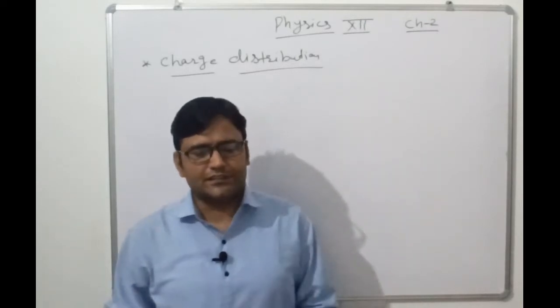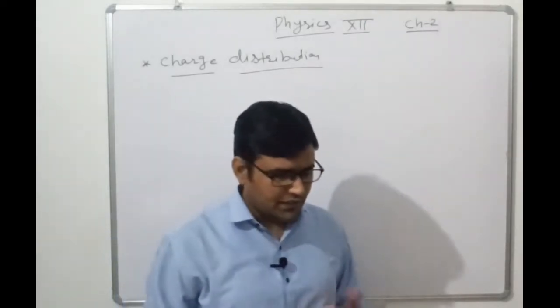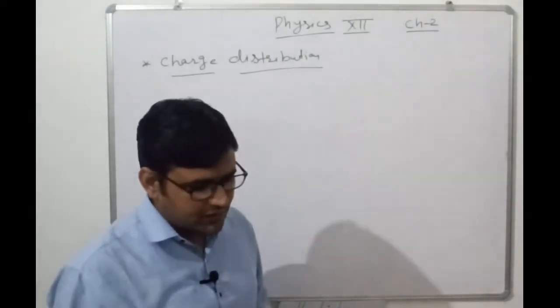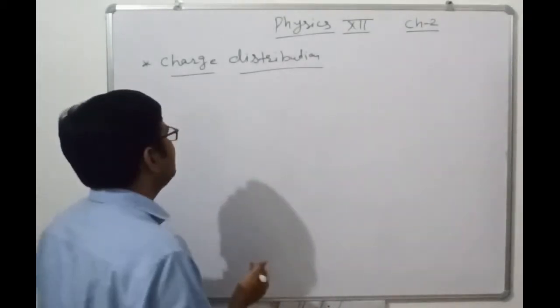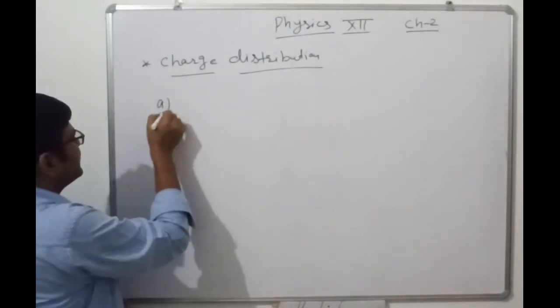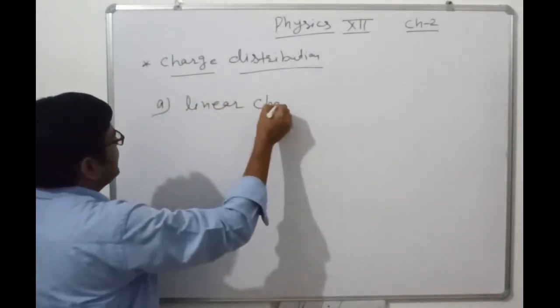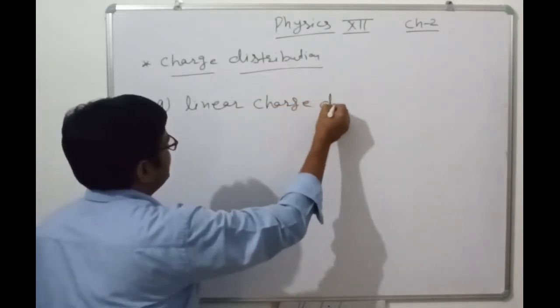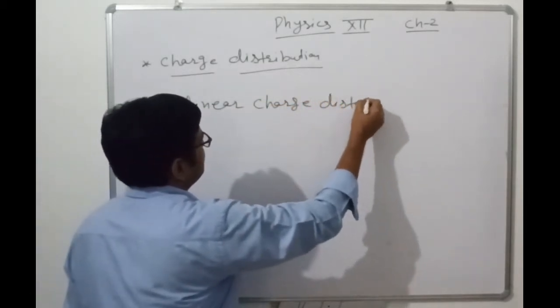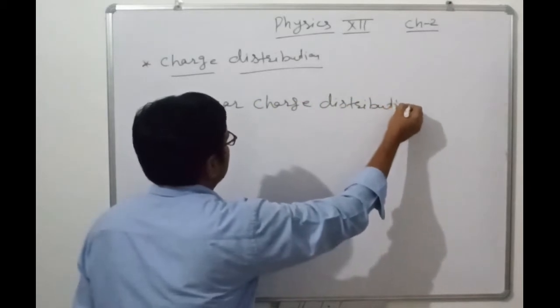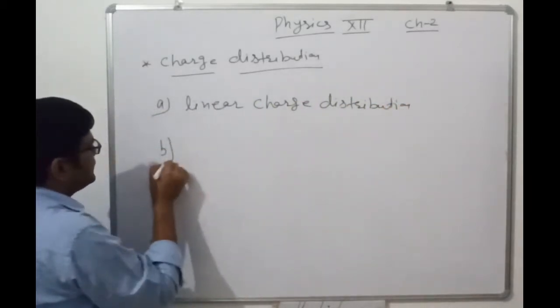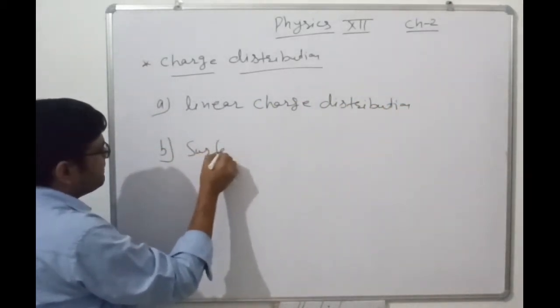That's why here we are considering charge distributions, and these are in terms of three parts. First one is linear charge distribution. Second one is surface charge distribution.